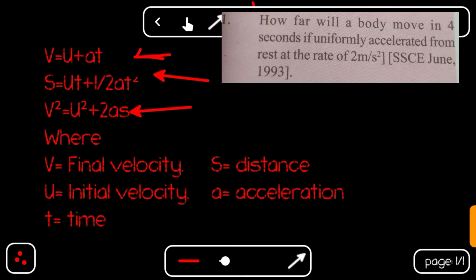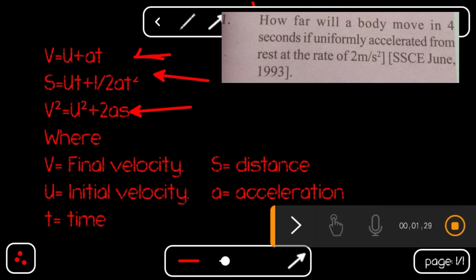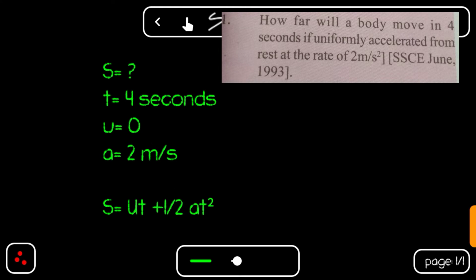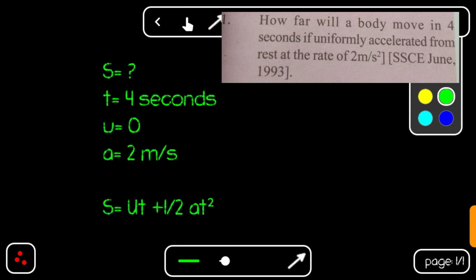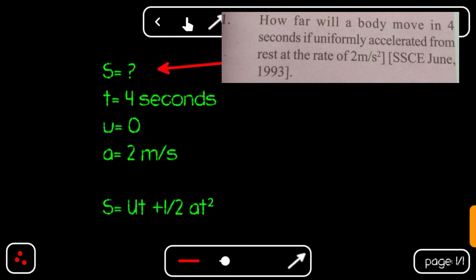Okay, let's go straight into the questions. From the question, we can see: how far will the body move in 4 seconds? From the statement "how far", we can see that we are calculating the distance of the body, which is s.